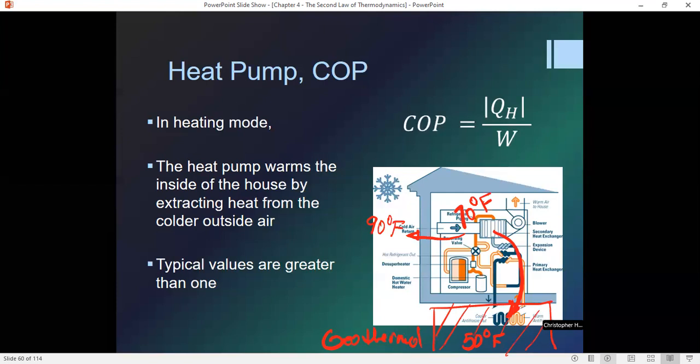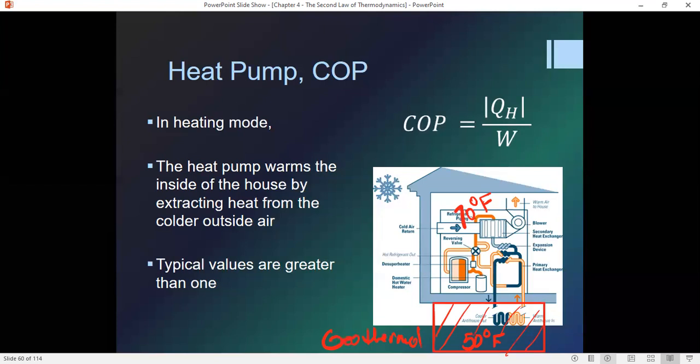Okay, let's look at the heat pump in heating mode. All right. In heating mode, you want to move the heat from the outside to the inside.